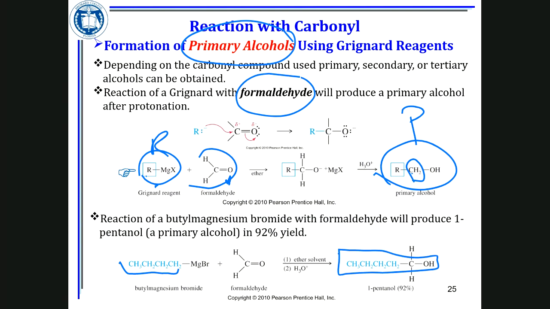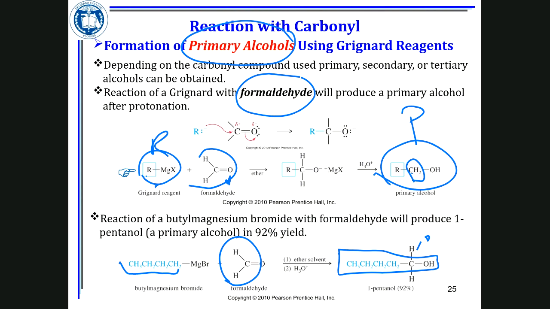So addition of 1 carbon. If you have Grignard and formaldehyde, the product is going to be primary alcohol. So these are things that, if you memorize them, are going to help you to build the molecule and be able to come up with the structure of the 2 reactants.